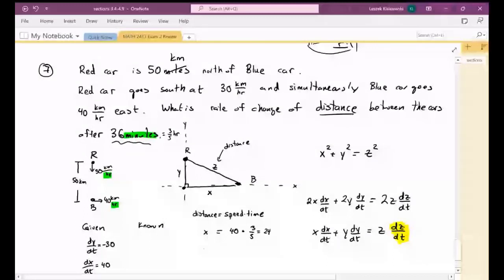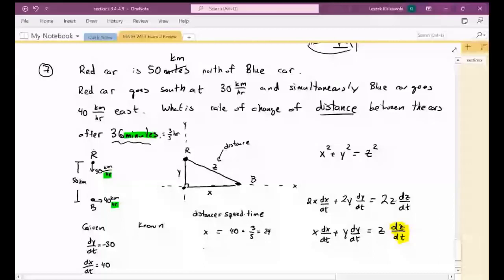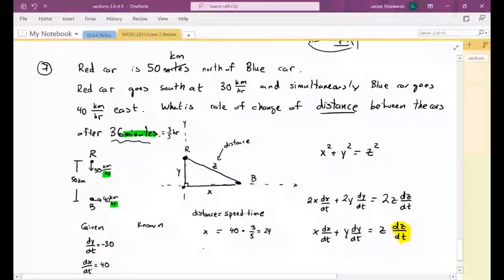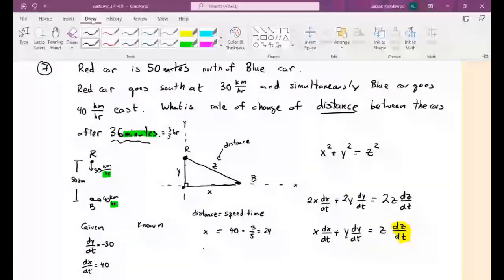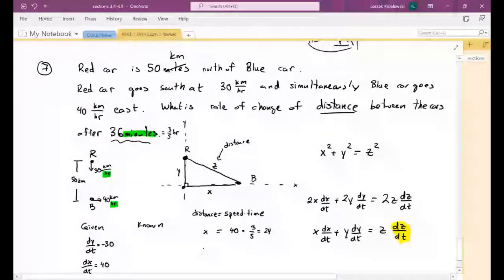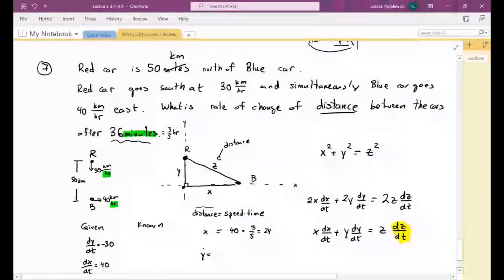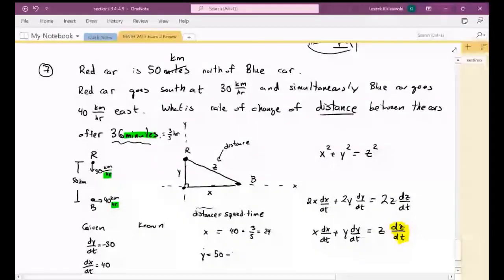How would we find y? We know the speed of the red car. You do the same thing with the other technique? Yes. So we can say that y, the position, not distance, but rather position, so maybe we'll amend that. y would be, well, the original position was 50, the initial position, and then the velocity is negative because we're going south, I suppose, times time.